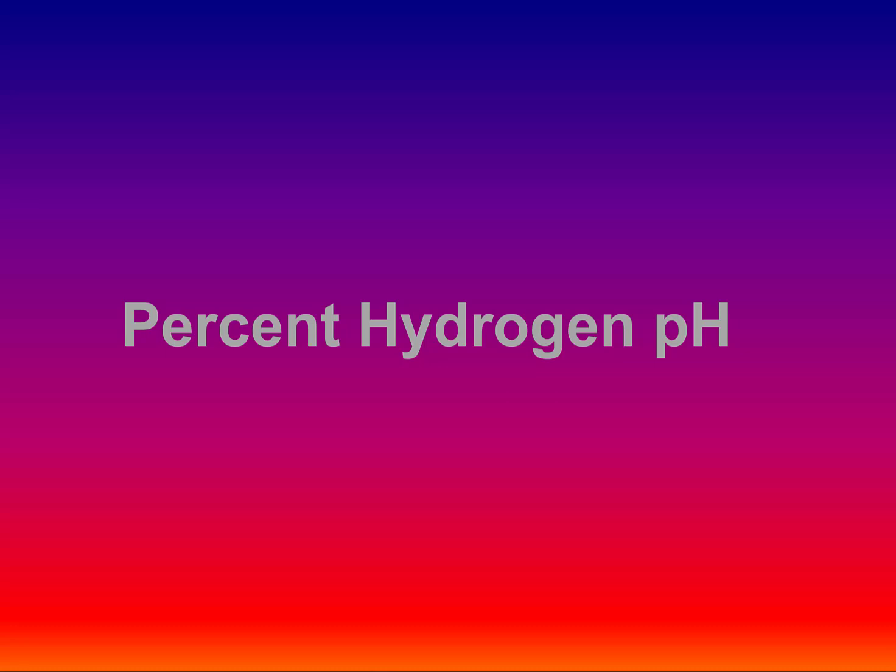So the very first thing we're going to talk about is water and the phenomenon of pH. It has lots of different designations the way people discuss it, but I like to look at it as a percent hydrogen in the concentration of water.